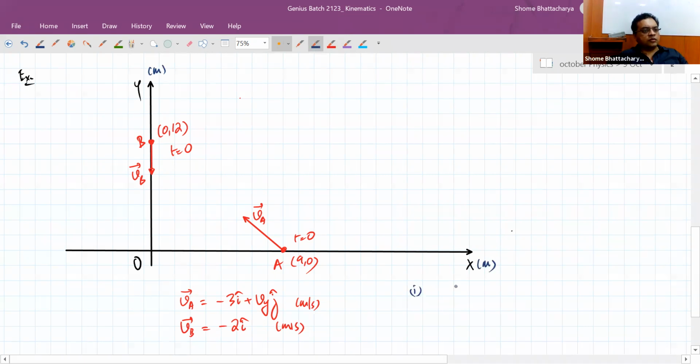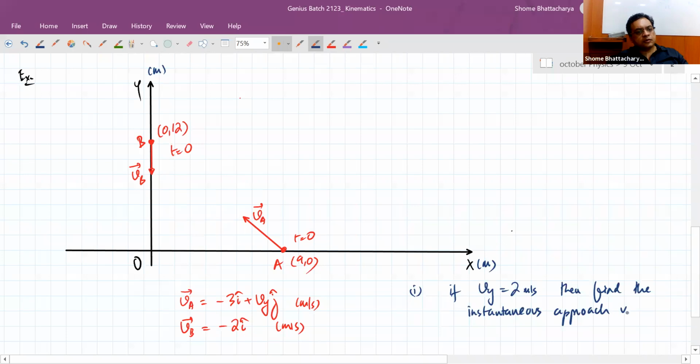So first of all, if Vy is equal to 2 meters per second, then find the instantaneous approach velocity of A with respect to B, and that is the same thing as B with respect to A. They mean one and the same thing at t equal to 0.